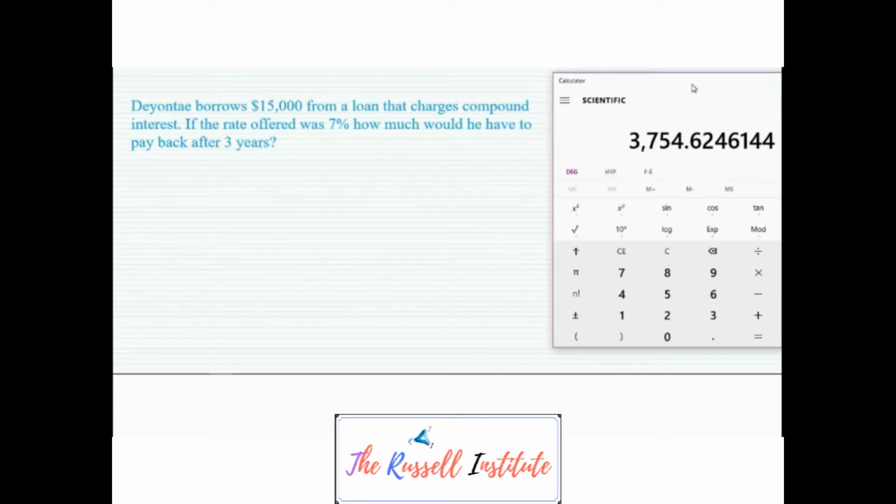Alright, so Deontay borrows $15,000 from a loan that charges compound interest. If the rate offered was 7%, how much would he have to pay back after 3 years? So I'm seeing a lot of words and a lot of information, and all I really need to know is that is the principal because it's measured in dollars. That is the rate because it's measured in percent.